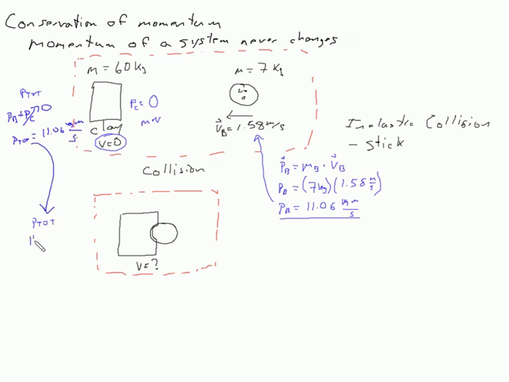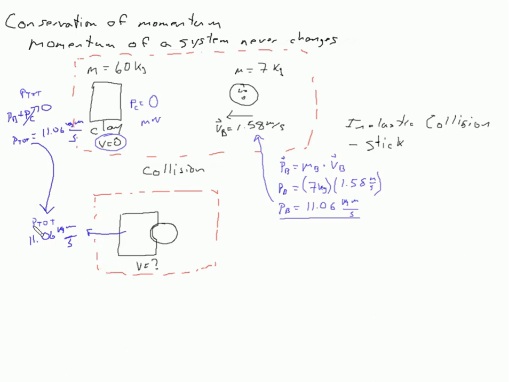So it's still 11.06 kilogram meters per second. Now, the difference in this situation from our previous elastic collision is that now these objects have stuck together. So we want to figure out how fast it's going. The momentum of this one object must be the total momentum of the system.